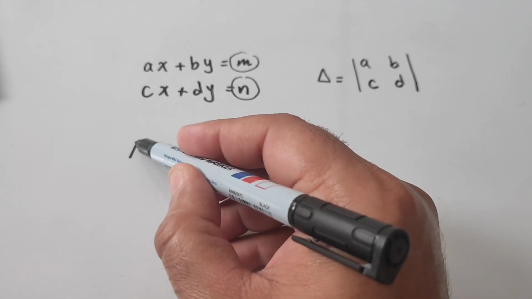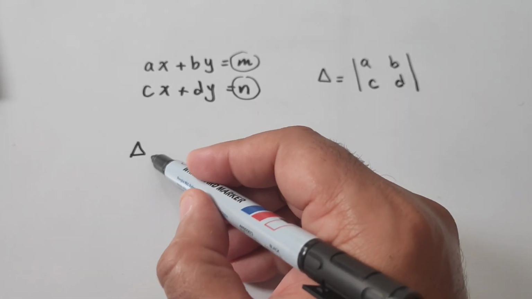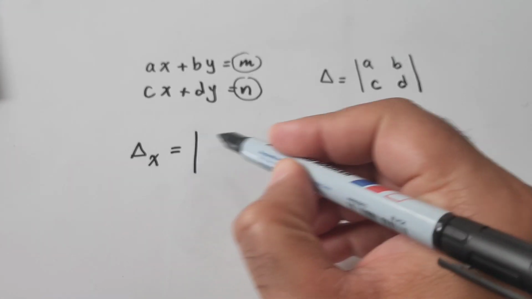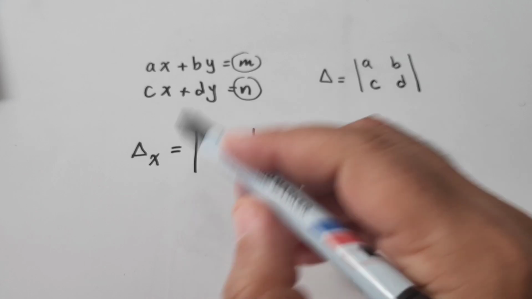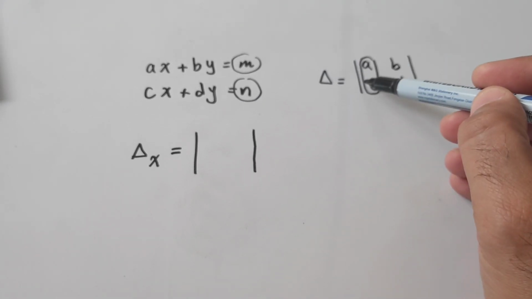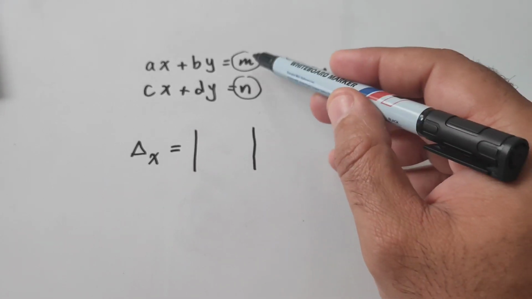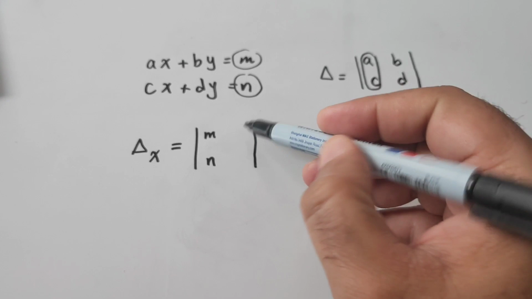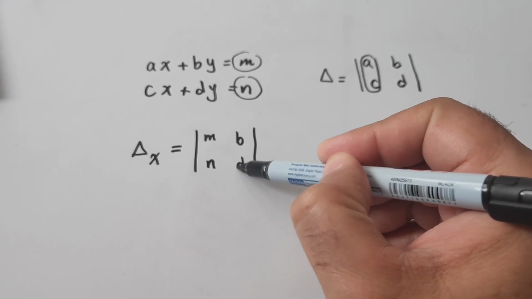Secondly, we find another determinant, delta x. We change the first column with m and n. We put m, n here, b, d here.